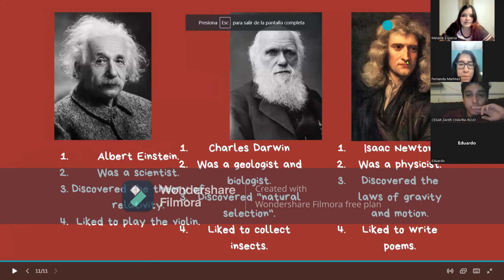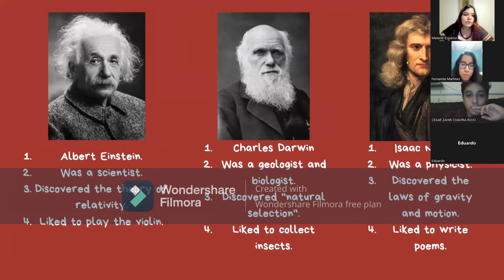Okay, very good. Now using that information, you are going to make 2 sentences using the relative clauses. All right, so Lalo, are you ready about the information that Fernanda made? I was born ready. All right, so tell me your 2 sentences.